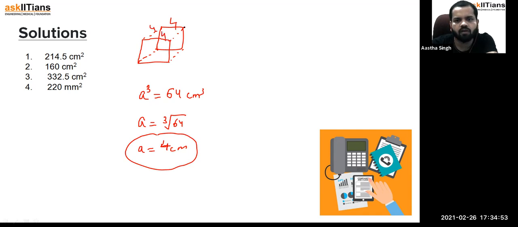And you have joined two cubes. It will be basically like this, or not? Now it will become a cuboid. This is also 4. Now it will become a cuboid of length 4 and 4, that is 8.